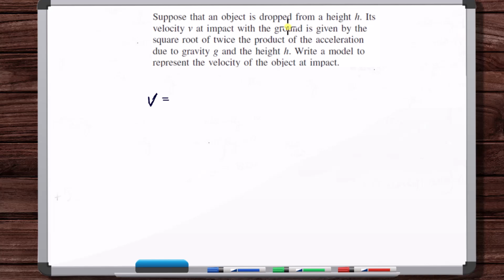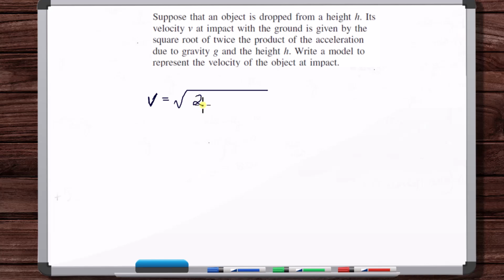And I'm saying is equal because it says the velocity at impact with the ground is given by. Not is greater than or is at least or something like that. Is exactly given by what? The square root of twice the product of the acceleration due to gravity. Okay, so again, this kind of reads like a story. So, is given by the square root of what?